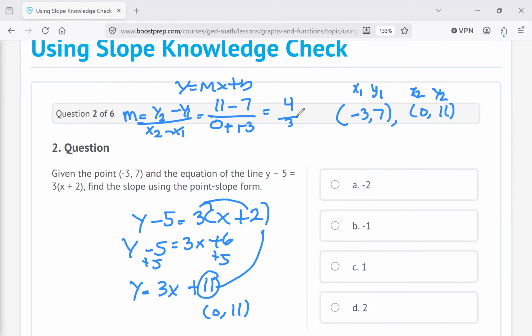Find the slope using point slope. Okay, I'm gonna skip it. I think I'll get that wrong because I really don't know how they got it. It says 3, but I don't see my choice. So I'm just going to skip it.